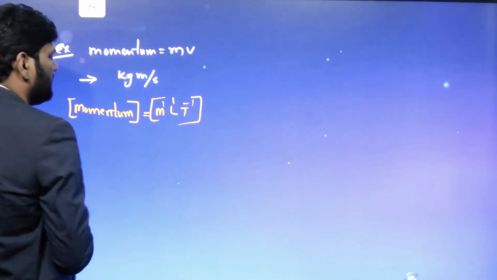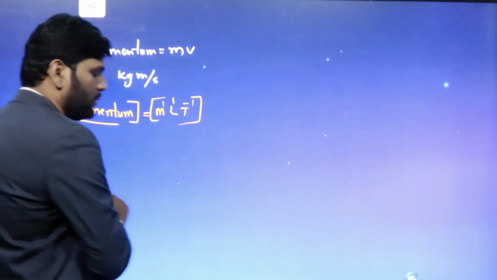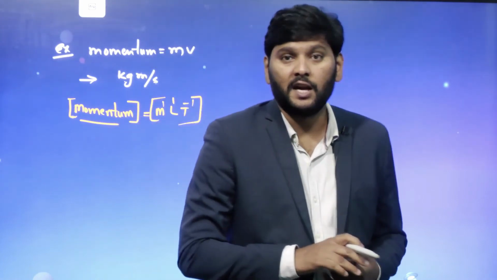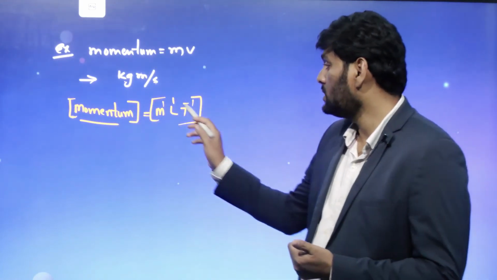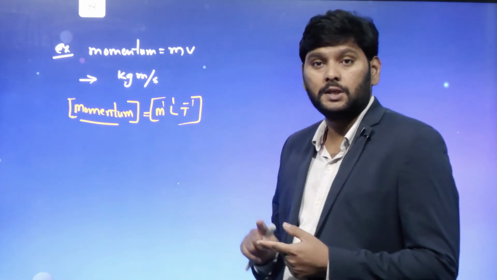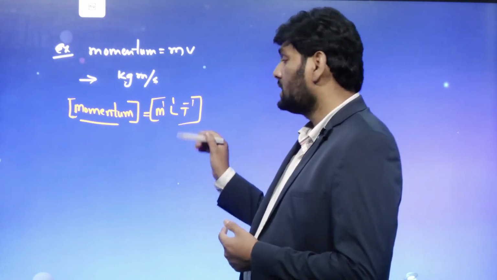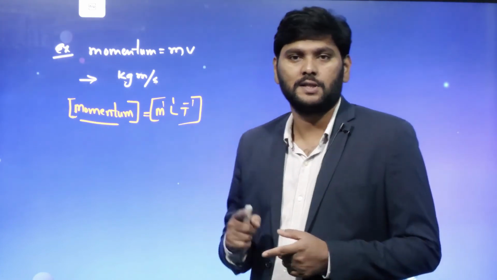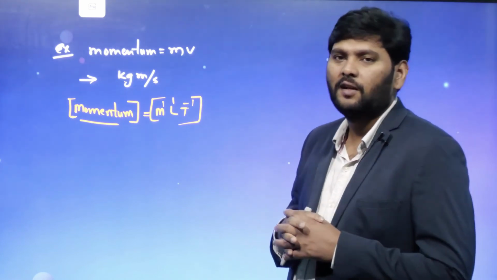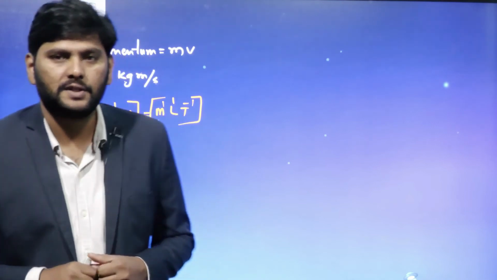So this is the dimension formula. Here, this is the momentum dimension formula. Mass contribution, power is raised by how much? 1. Length raised by how much power? 1. Time raised the power -1. This is the way we can express the dimension of physical quantities. In a similar manner, we can express the same dimension formulas for fundamental quantities also.